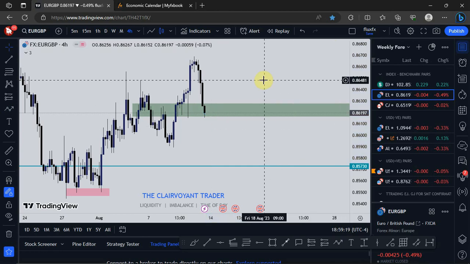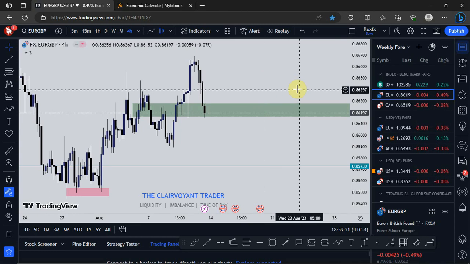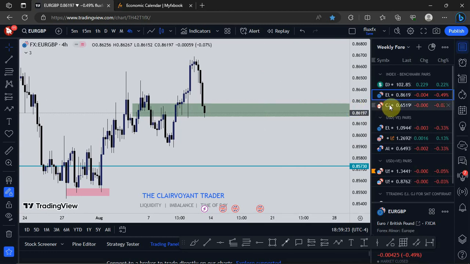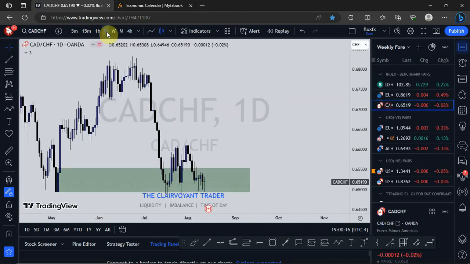Let's look at what is happening on CAD CHF. This is a new addition I've made. I have added CAD CHF to my index pairs because of USD CAD and USD CHF, which are part of my watch list.